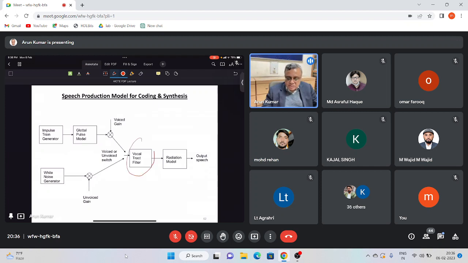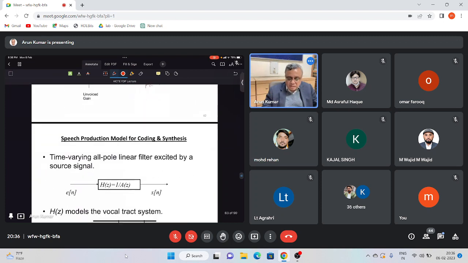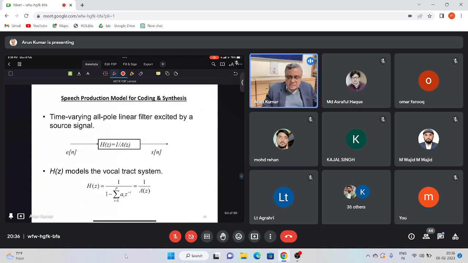Now let's concentrate on the vocal tract. The vocal tract, as we discussed, is responsible for the creation of resonances, and we can model these resonances as an all-pole filter. And since the resonances change over time, the all-pole filter has to be time varying. In fact, what is done is it is made block adaptive.